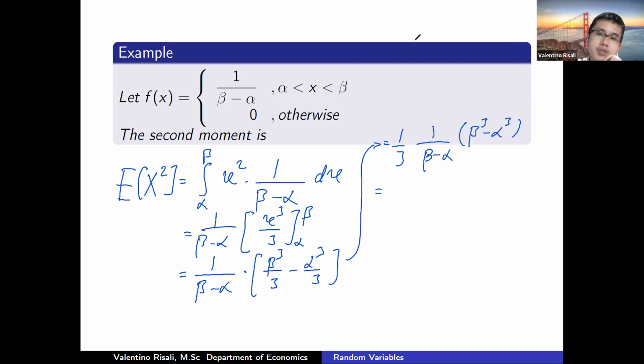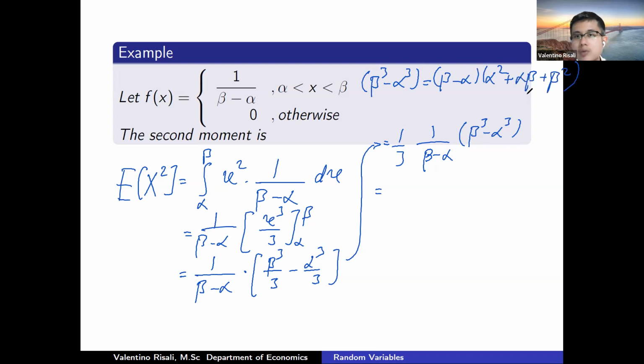Can we factorize it? Beta cubed minus alpha cubed equals beta minus alpha times beta squared plus beta alpha plus alpha squared.